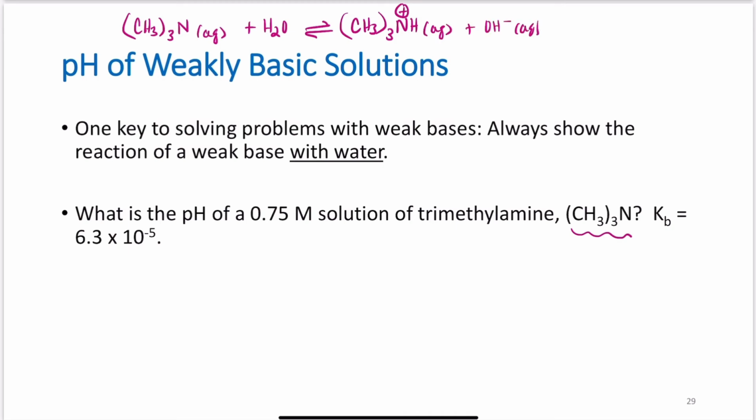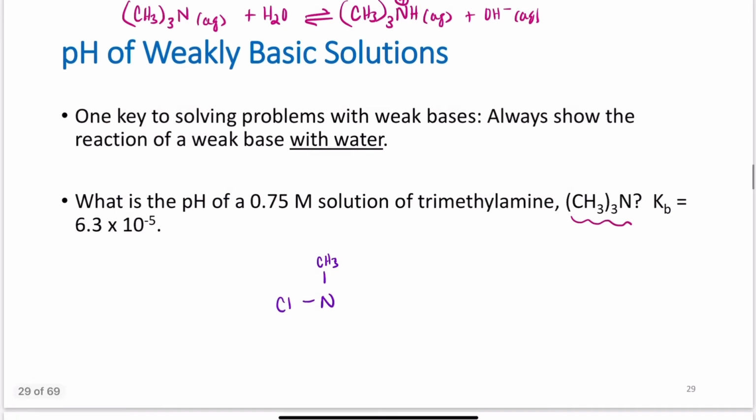If I was to actually draw this out, I would have your nitrogen and your CH3 groups. That nitrogen has a lone pair.